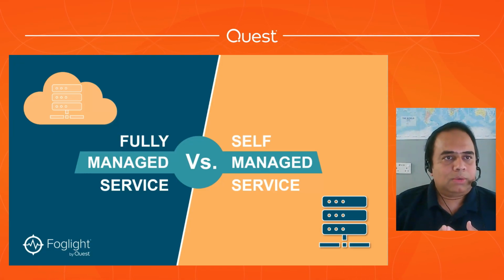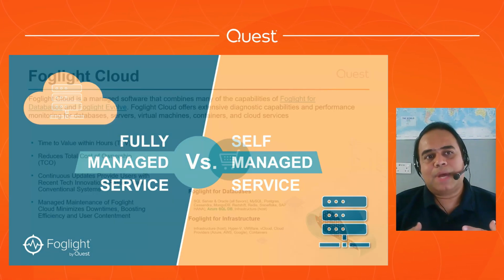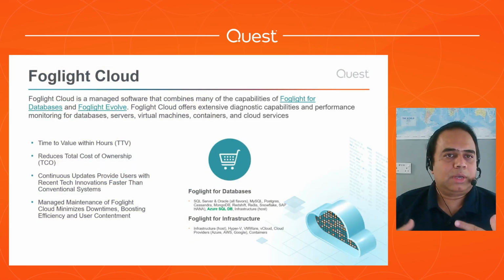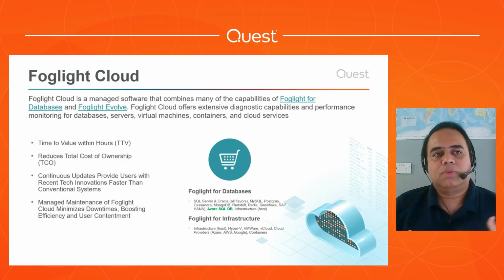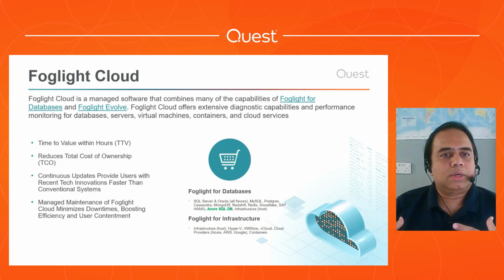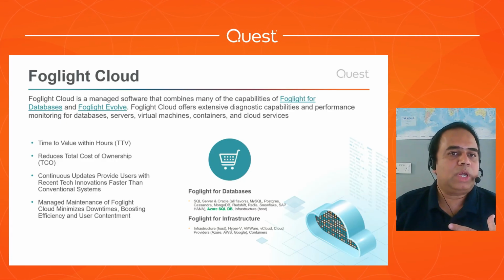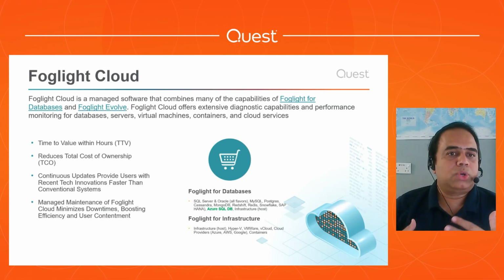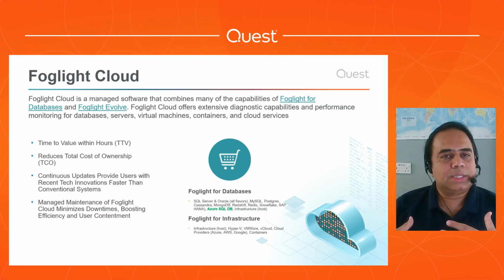So what is Foglight Cloud? Foglight Cloud is a managed software solution that combines many of the capabilities of Foglight for Databases and Foglight Evolve. Foglight for Databases covers 13 different types of databases, and Foglight Evolve consists of infrastructure monitoring, Hyper-V, VMware, virtual cloud, and cloud monitoring on Azure, AWS, Google Cloud, and containers.